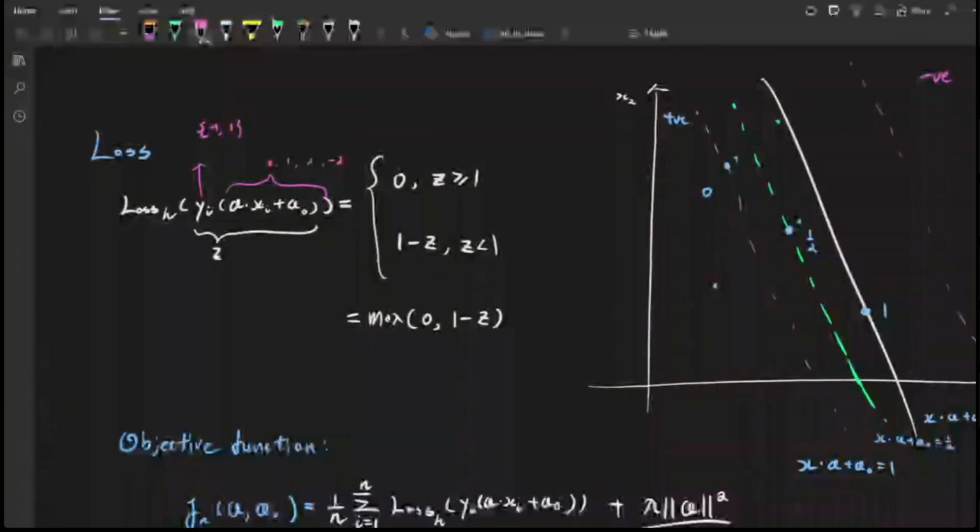Okay, so now, in the case where your z, which is yi multiplied by the classifier, is larger than 1, that means the output of the classifier corresponds to the label, right? So that means it's a correct answer. Therefore, we do not want it to contribute any loss. And maybe I should make it clearer by saying that the classifier is actually defined slightly differently now.